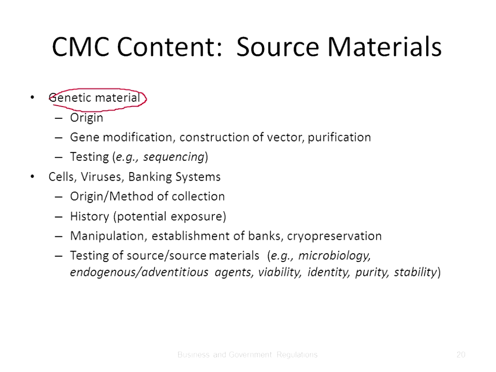So for example, the genetic material, the genes that we are using, where did it come from? Okay. And how have you modified it? You know, you would cut the gene from the source material and then put it in a vector.